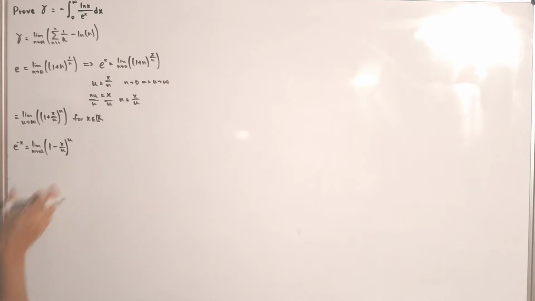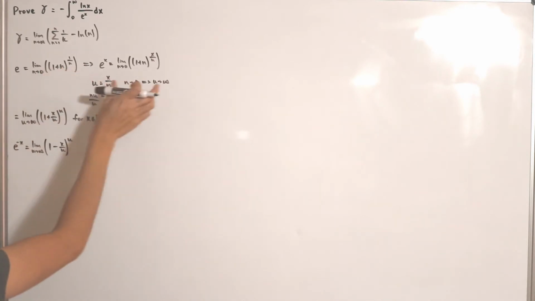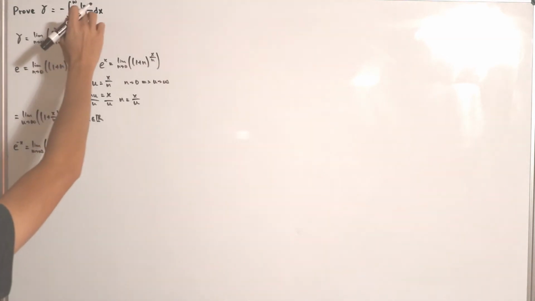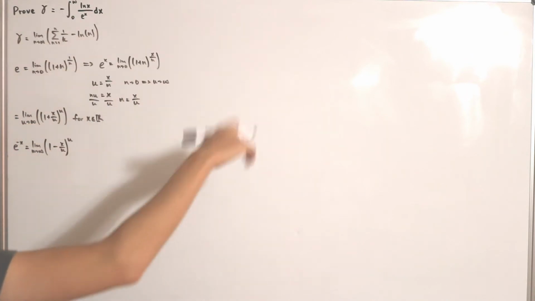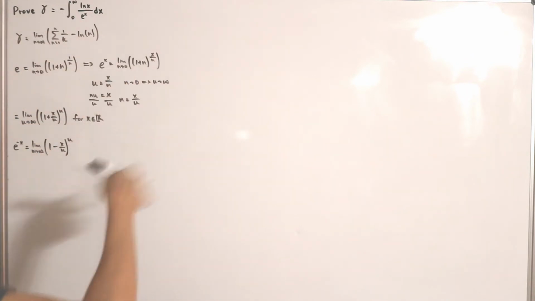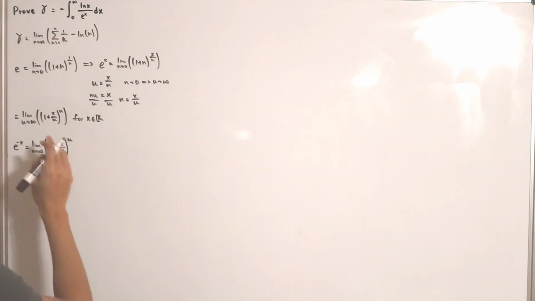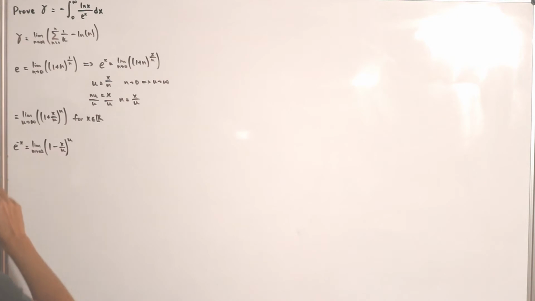Okay, now that we have this, we've established our rules for Euler's constant with the definition. What we want to do now is make a change of integrals. In order to make that change, we're going to subtract the degree of our function e to the negative x by 1.